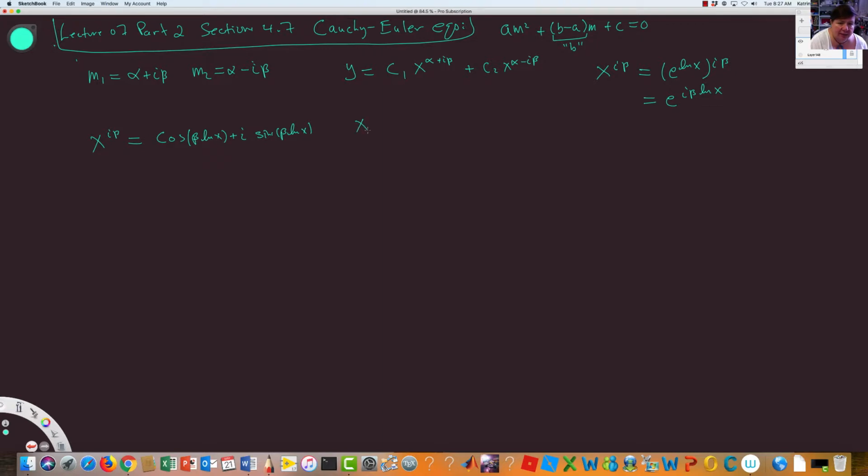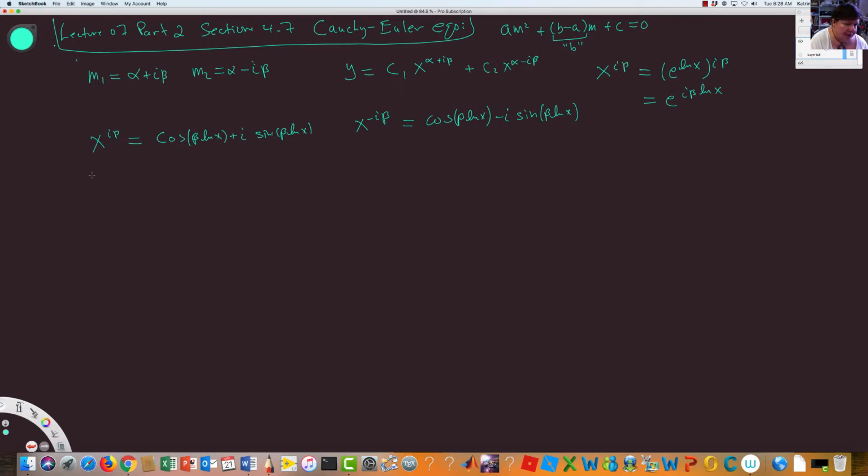And x to the minus i beta is e to the minus i beta ln of x, which is cosine of beta ln of x minus i sine of beta ln of x. So very cool, which means we can do what we did before with constant coefficients and change everything to sines and cosines.